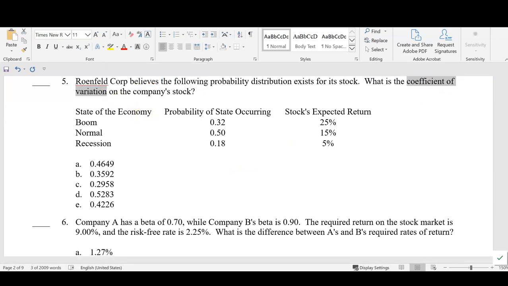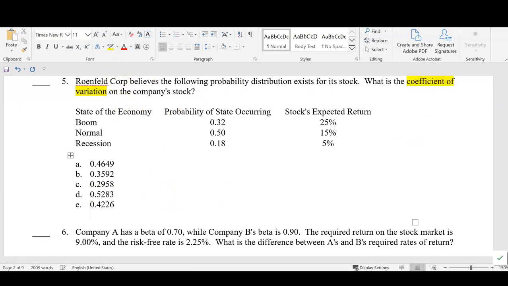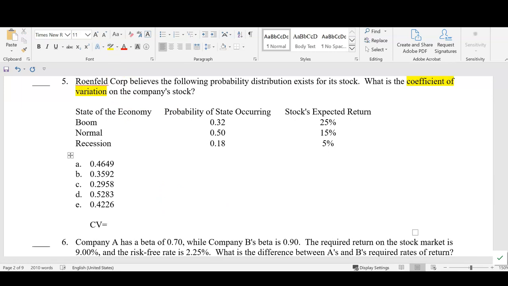So we need to calculate standard deviation and also expected return to get the coefficient of variation, right? Because CV, coefficient of variation, equals standard deviation divided by expected return.